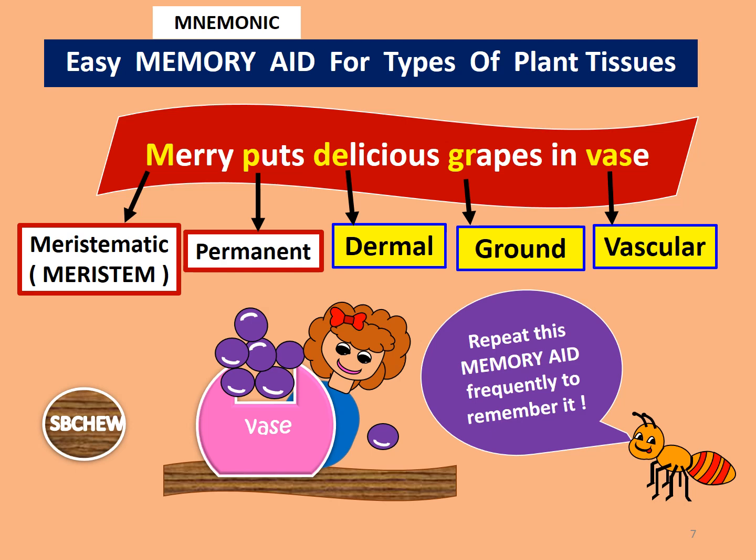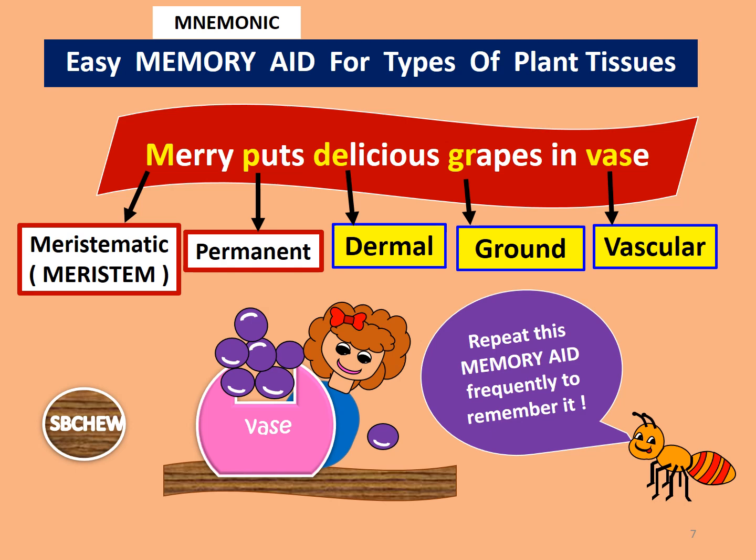M for meristematic, P for permanent, DE for dermal, GR for ground, and VAS for vascular. So in this way, you can remember the key words M, P, D, G, V, and from there you remember the types of plant tissues.